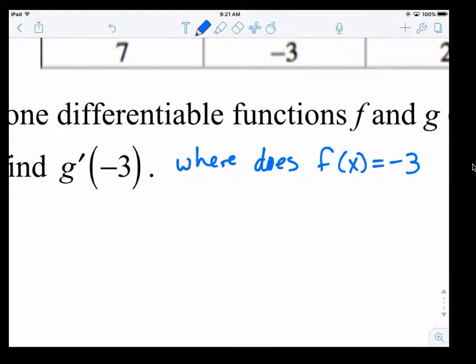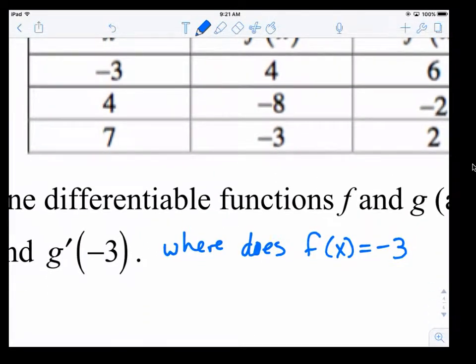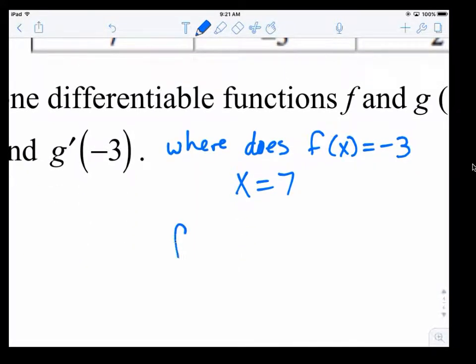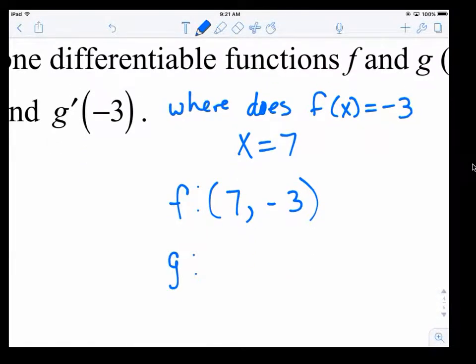All right, so using that chart, where do you get that? That's 7, right? X equals 7. All right, so we know now that f has a point at 7, negative 3, and then g has a point at negative 3, 7, right?